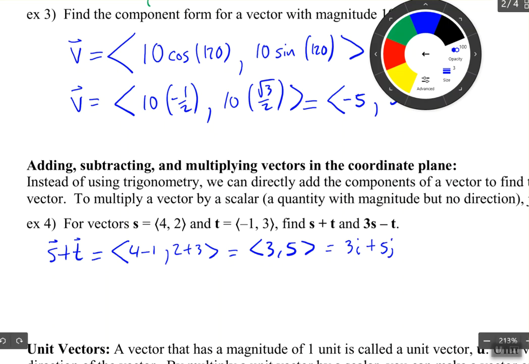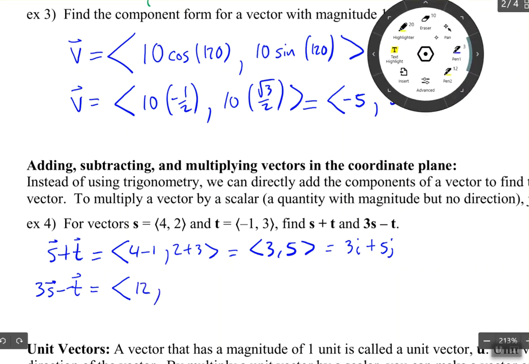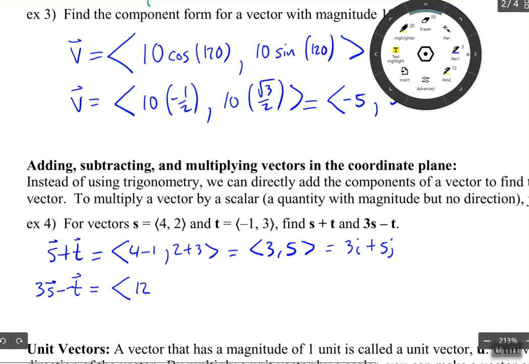Is 3s minus t just as easy? 3s minus t. So take the x component of s, multiply times 3, what do you get? 12, and then I've got to do minus t, which is minus minus 1, right?